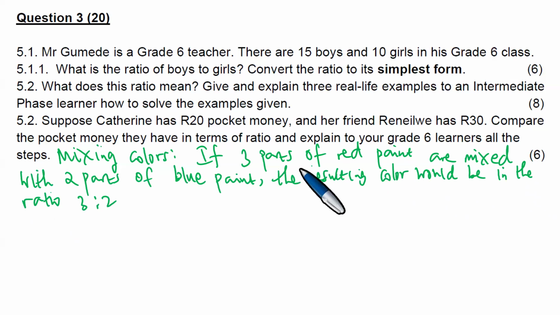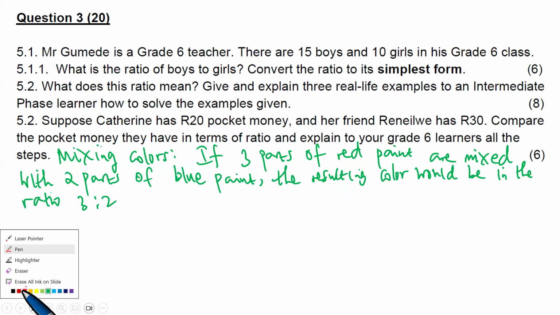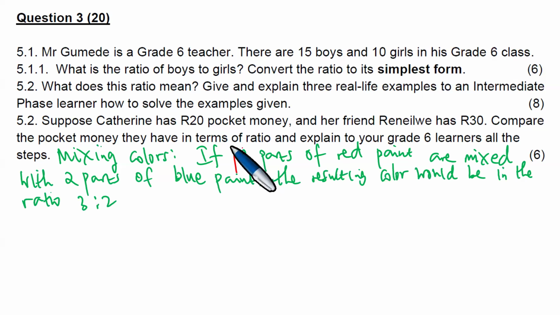So if 3 parts of red paint are mixed with 2 parts of blue paint, this is not as complicated as one can think, because we're looking at 3 parts with 2 parts of blue paint.